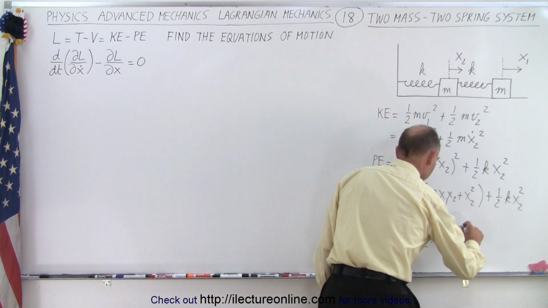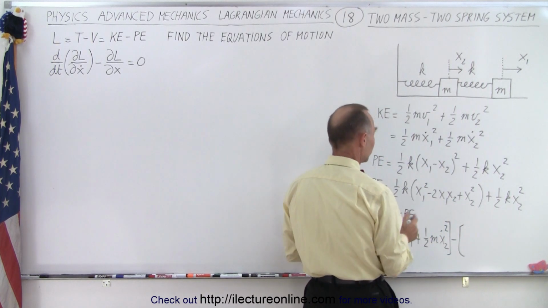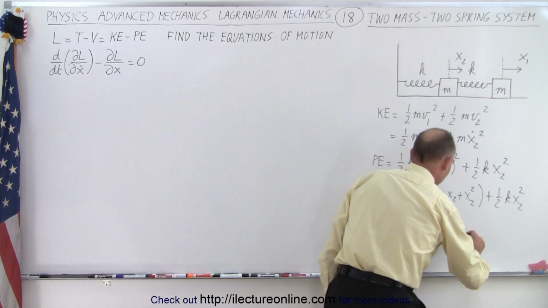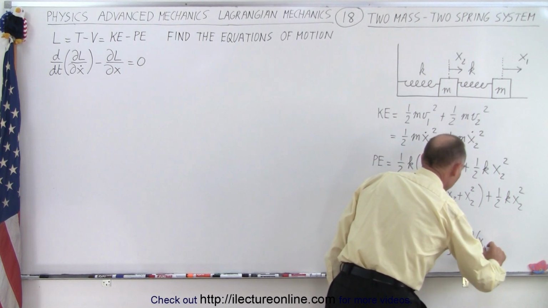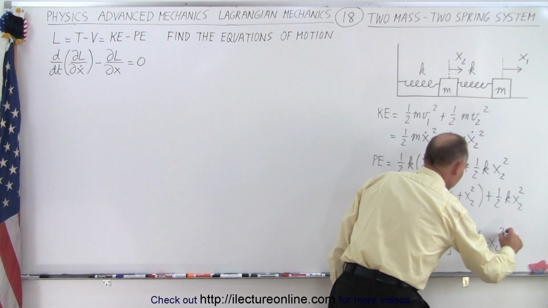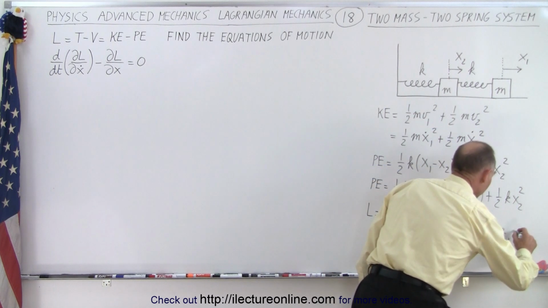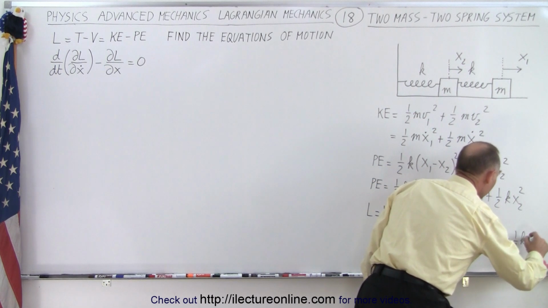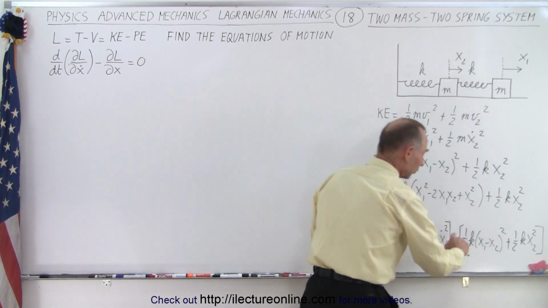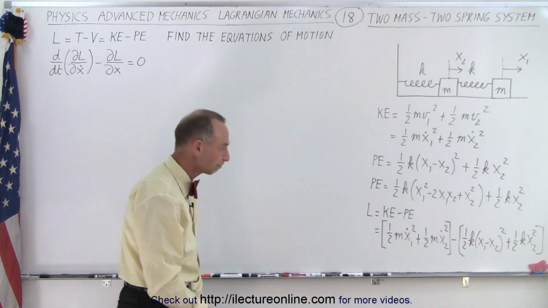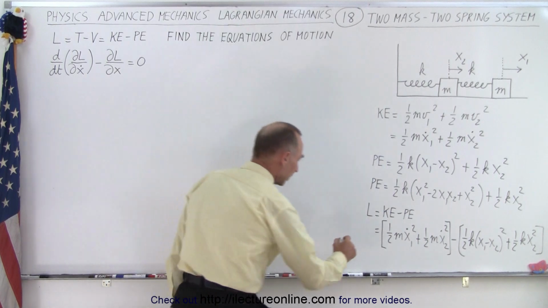And then we subtract from that the potential energy. And let's leave it like this for now, so we'll write it as 1/2 k times x1 minus x2 quantity squared plus 1/2 k x2 squared, like that. And of course we're subtracting both of those, so both will become negative. All right, now we have the Lagrangian.